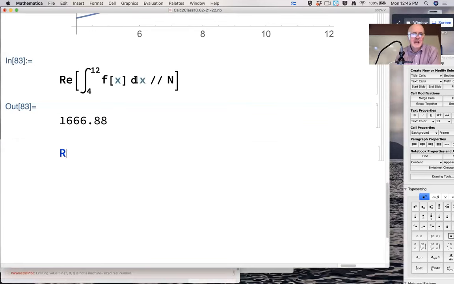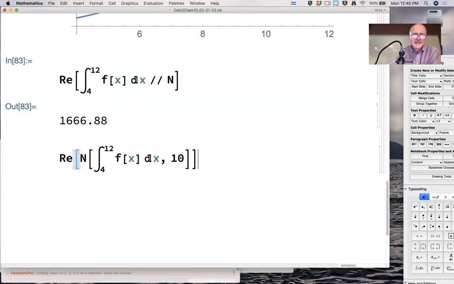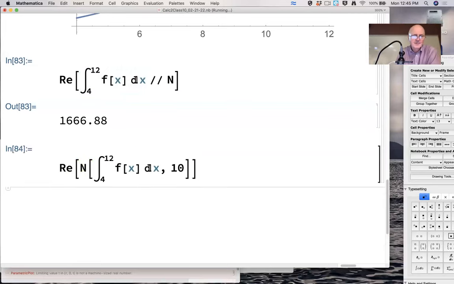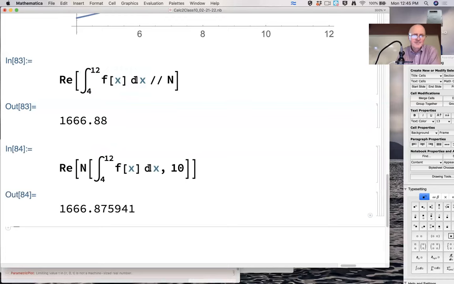You can also get more decimal places here, which might be of interest. If I do this integral in here and put the capital N at the front and put, say, a comma 10, then I get 10 significant digits for the answer. If I want 20 significant digits, I can do this.